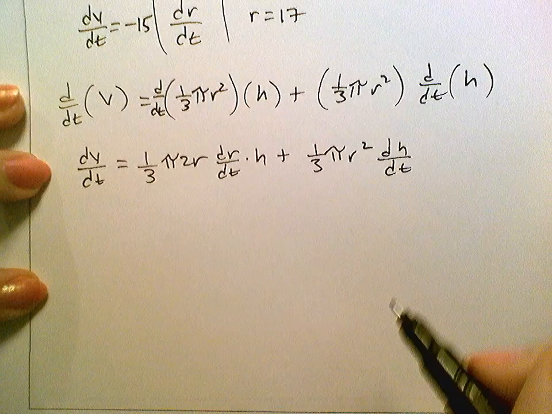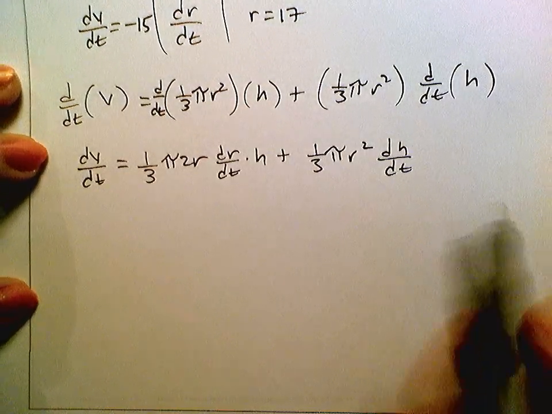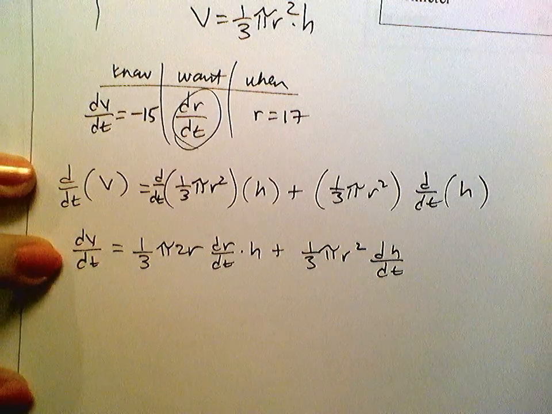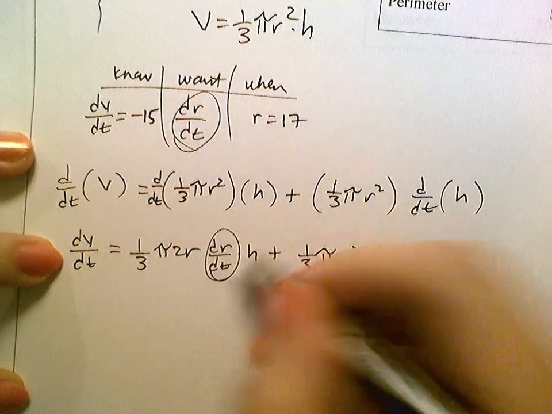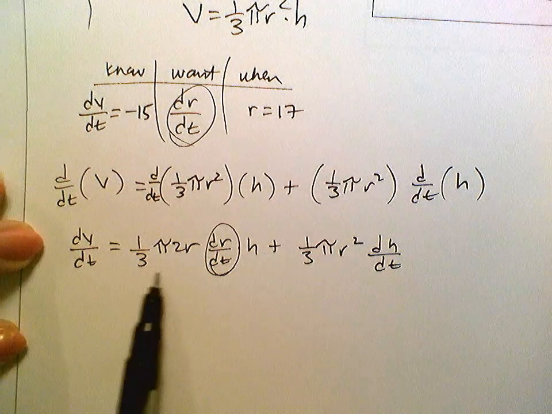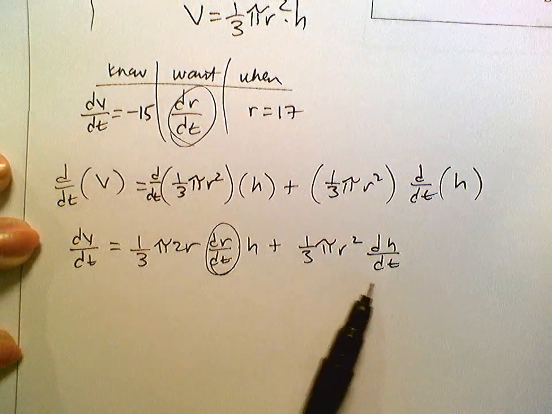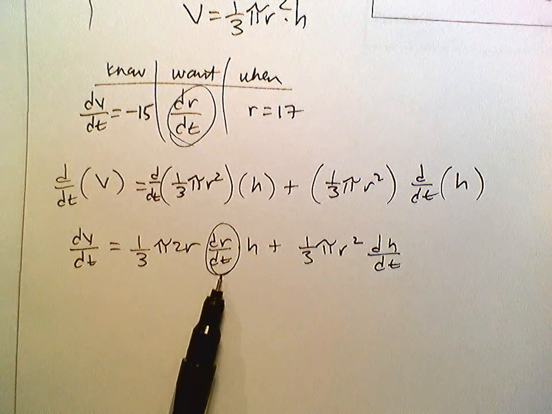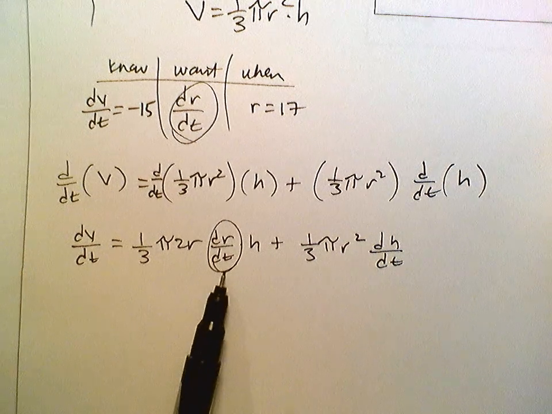Okay, and then I want dr/dt. Where do I see dr/dt? I see it right here. Do I see it anywhere else? No. So I'm gonna carry down the equation, and I'm gonna leave a blank parenthesis for everything except this dr/dt.